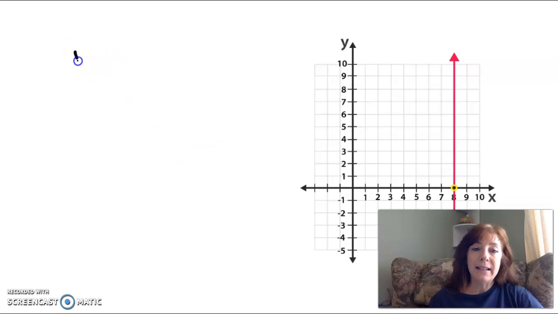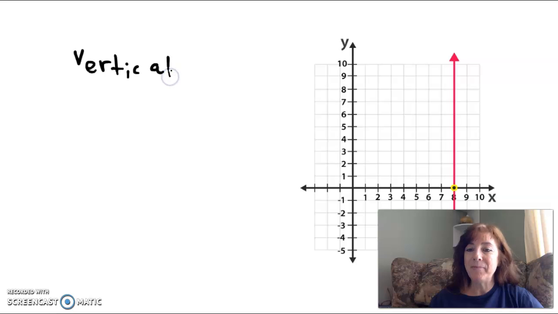Now, if you have a vertical line, that means up and down. For vertical lines, we see that x equals 8 on the x-axis. And as we go up, and if y is 1, x is still 8. If y is 2, x is still 8. If y is 3, x is still 8.